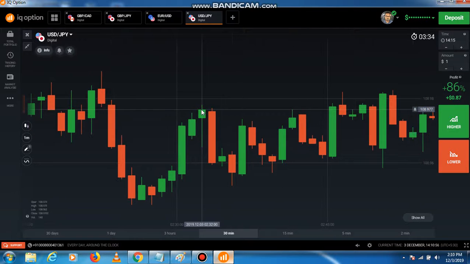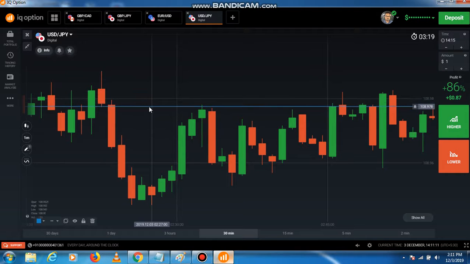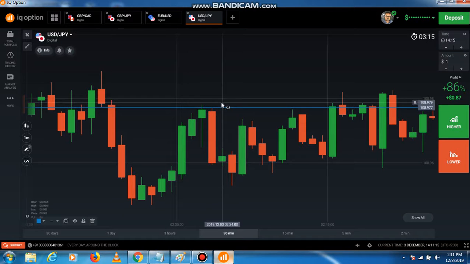You can make sure this is kind of a seller's area with a lot of pressure, so you can put a horizontal line as well. My hammer is closed here, so the next candle would mostly be a red candle.